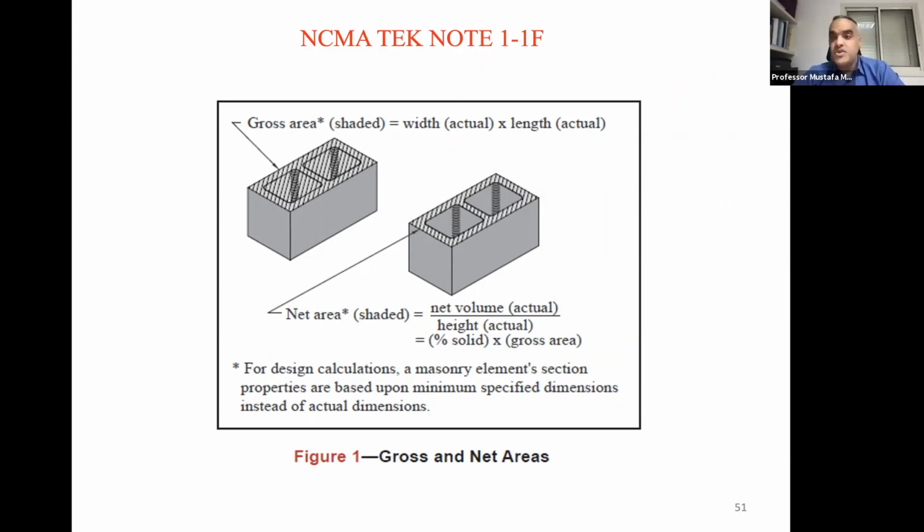Typically we have it partially grouted, or hollow. So we are typically interested in the net area. And also to decide on F prime M, we need the net area of the unit, that's the shaded area, with the mortar strength. That will give us what's F prime M, as we will see, okay?